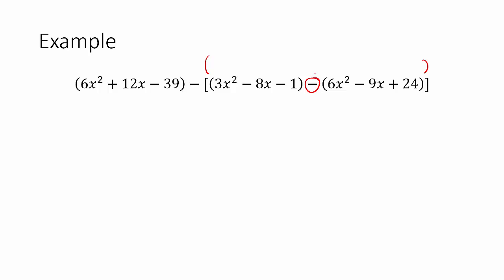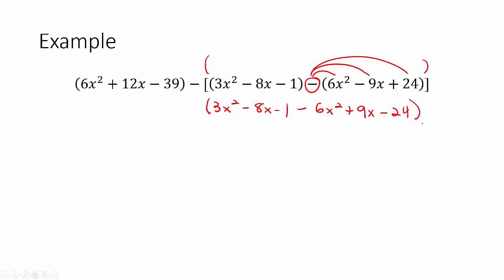Since we're subtracting, that negative has to distribute all the way through. So we've got 3x squared minus 8x minus 1. That minus going through becomes negative 6x squared plus 9x minus 24. And all the stuff out front is still there.